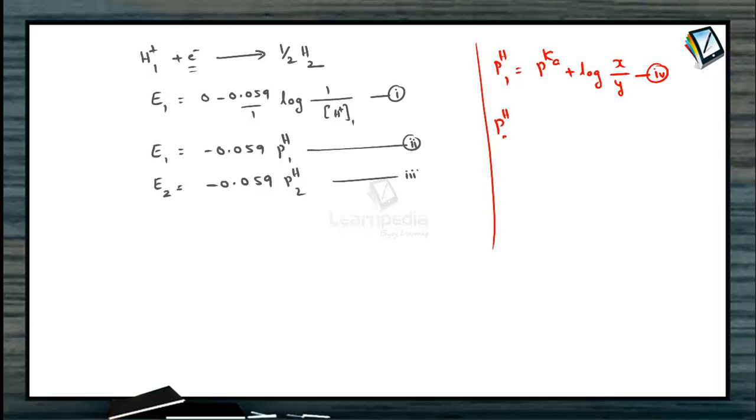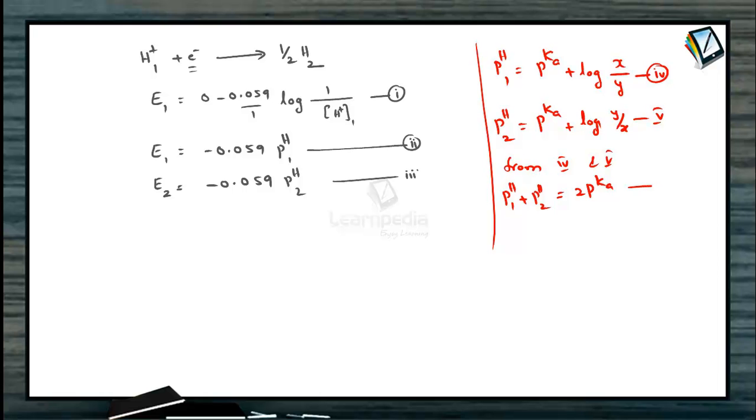Similarly, pH2 is equal to pKa, for acetic acid the same value, plus, but the concentrations of acetate ion, that is salt, and acid are reversed. So therefore I write log of Y by X, equation 5. So from 4 and 5 we can write pH1 plus pH2 is equal to pKa plus pKa, which is 2 pKa, and log X by Y plus log Y by X get cancelled.